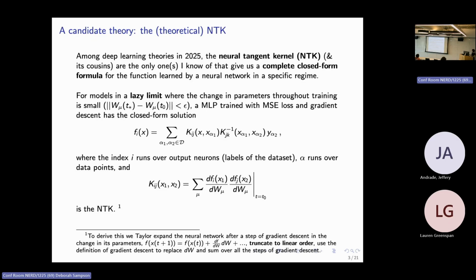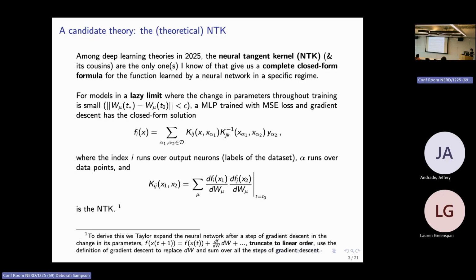Namely, for models in a lazy limit, where the total change in the network parameters throughout training is parametrically small, you can show that an MLP trained with MSE loss and gradient descent has the closed form solution of doing kernel regression. That's the first formula here, where the index i runs over the output neurons and alpha runs over the data points, with a kernel called the NTK, which is the second formula.